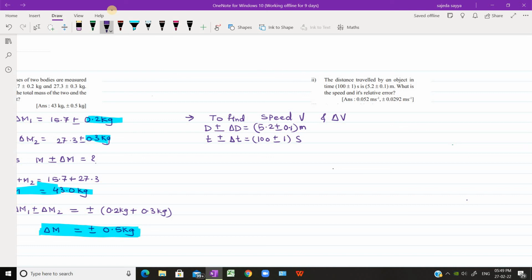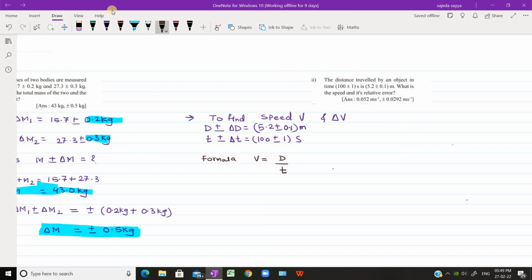Okay. So let us do it. A relative error is asked and velocity is asked or speed is asked. So speed v and maximum relative error formula comes out to be velocity v is equals to distance d upon time t.